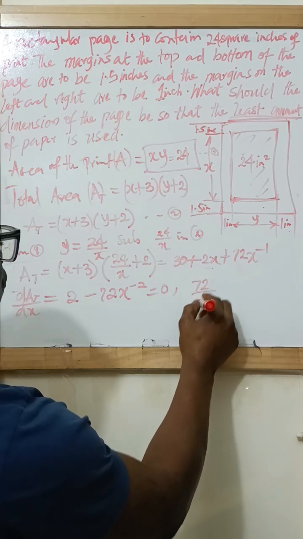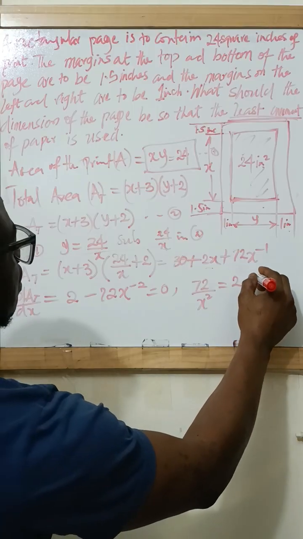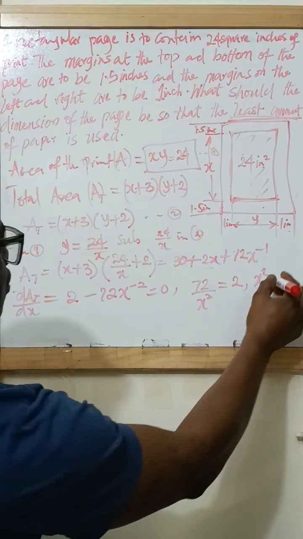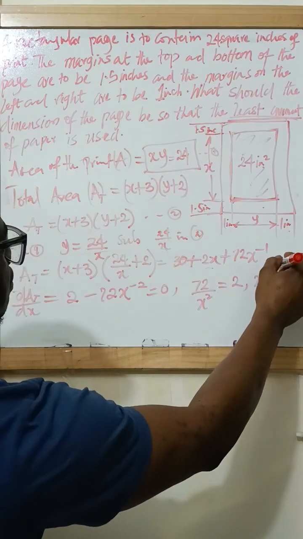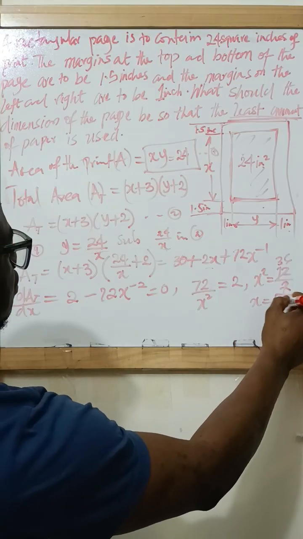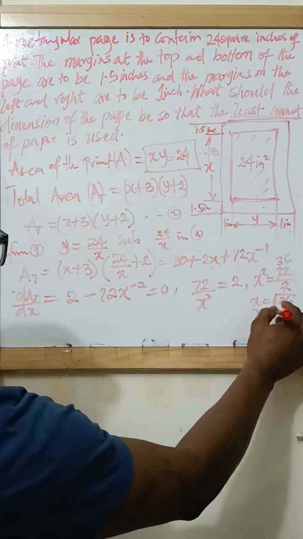72 all over x squared is equal to 2. Which means x squared will be what? If this comes here, that will be 72 all over 2, and that will be 36, right? So x will become the square root of 36, and x will be plus or minus 6.